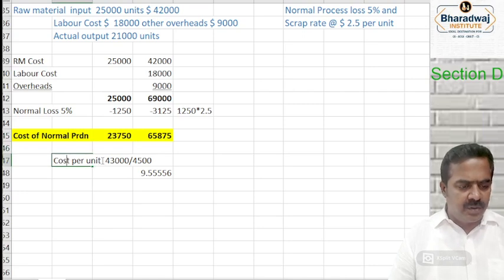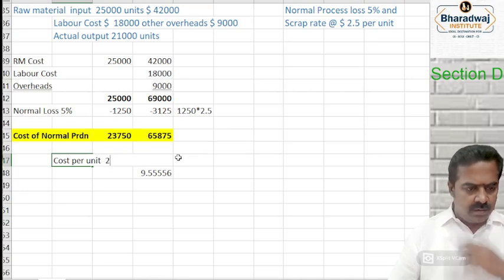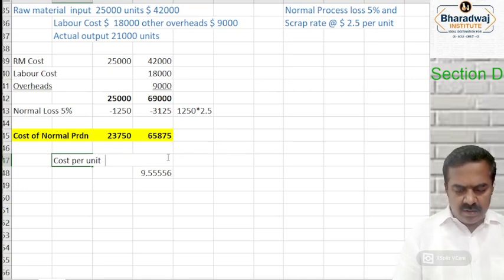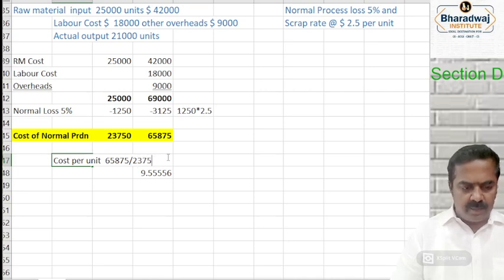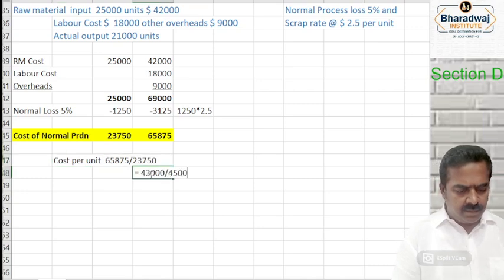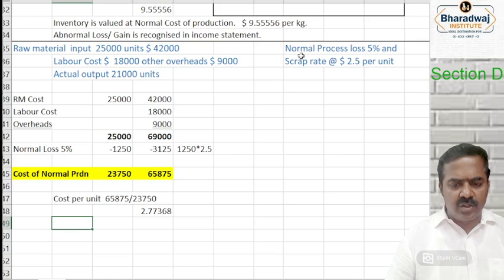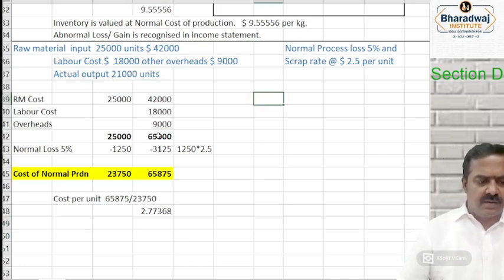So cost per unit will be 65,875 for 23,750 units. This is the normal cost per unit. But what is the actual output given? Actual output is 21,000 units. So there is an abnormal loss.